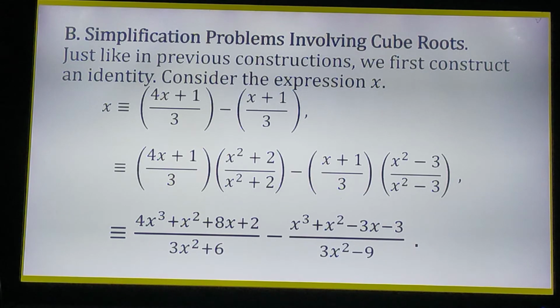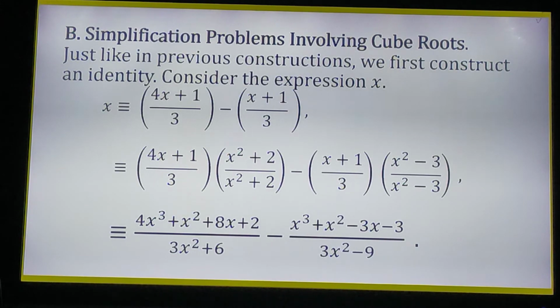And then we multiply the first one, 4x plus 1 over 3, by x squared plus 2 over x squared plus 2. And the second, x plus 1 over 3, by x squared minus 3 over x squared minus 3. Then performing the indicated operation, multiplication in the numerator and multiplication in the denominator, we have these two expressions.